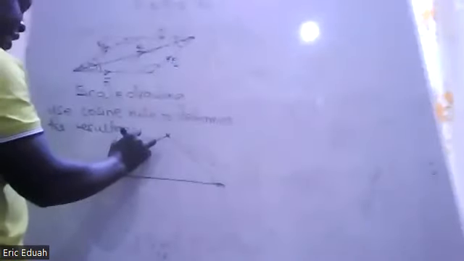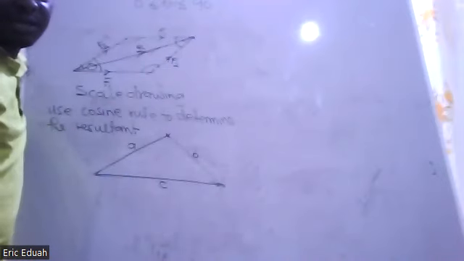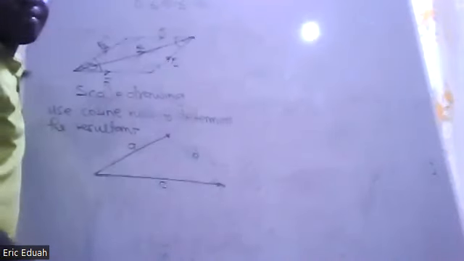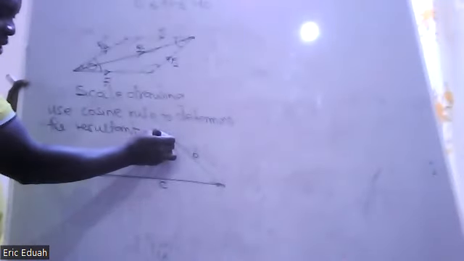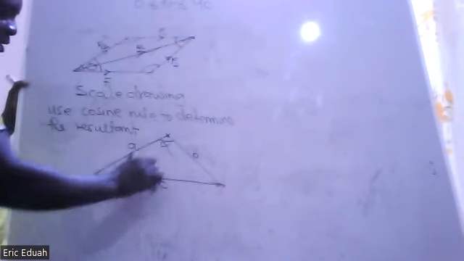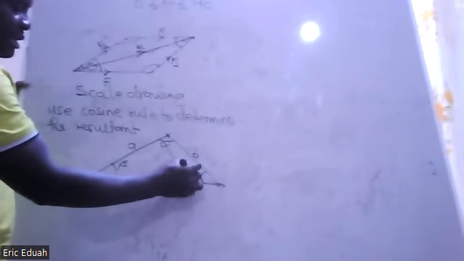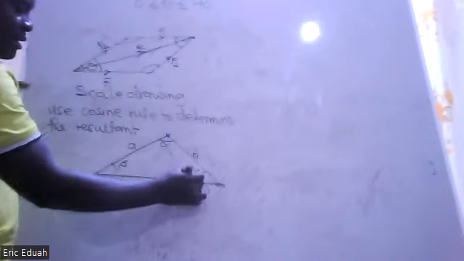Okay, this side is A, this side is B, this side is C. This angle is alpha, this angle is beta, this angle is gamma.